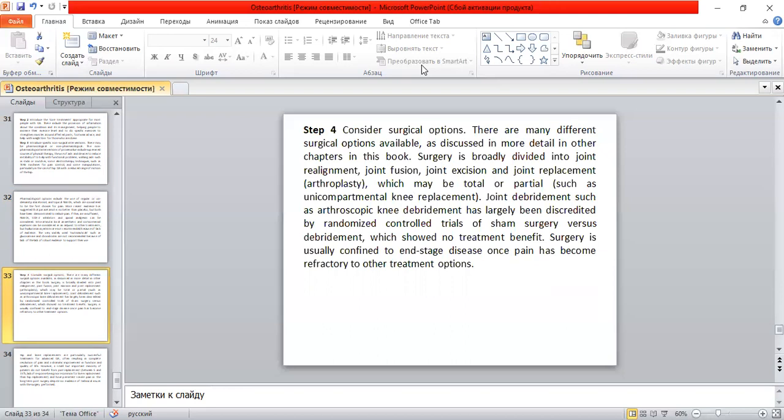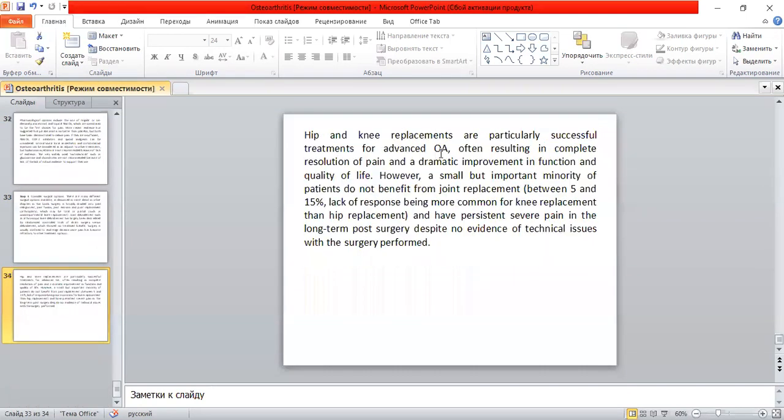Joint debridement, such as arthroscopic knee debridement, has largely been discredited by randomized controlled trials of sham surgery versus debridement, which showed no treatment benefit. Surgery is usually confined to end-stage disease once pain has been refractory to other treatment options.